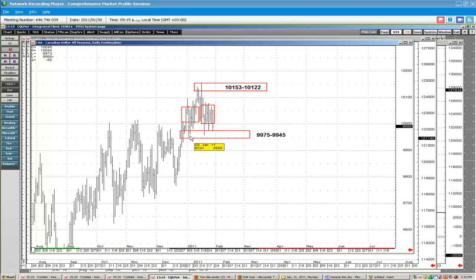If this area breaks, it would portend potentially very sharp trading lower somewhere, potentially 98. That's a guess. Now, if the Canadian dollar bottoms in here, because this is a mature profile, this appears to be an attempt to break below it, then you could have a very sharp move all the way through this area and test this 101.53, 101.22 area.